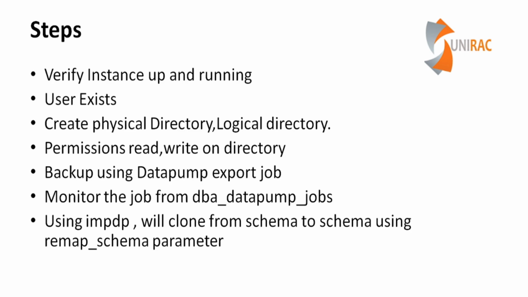We can monitor the backup job, whether executing, stopped, or completed successfully, from dba_datapump_jobs. Once the backup is completed using the expdp utility, we'll clone the schema using impdp with the parameter remap_schema.